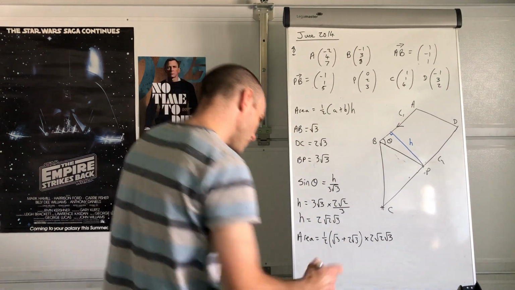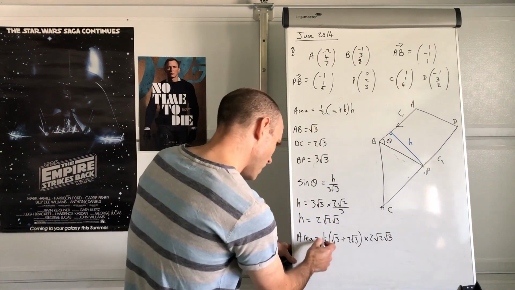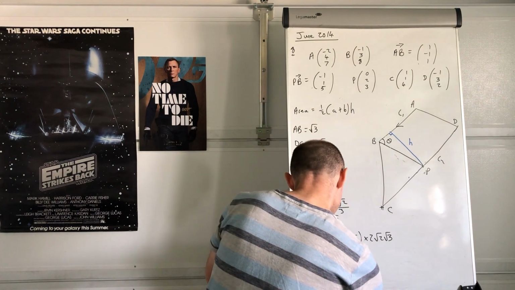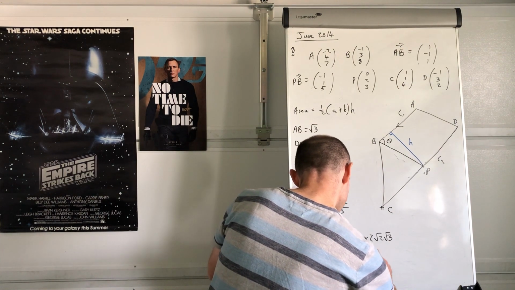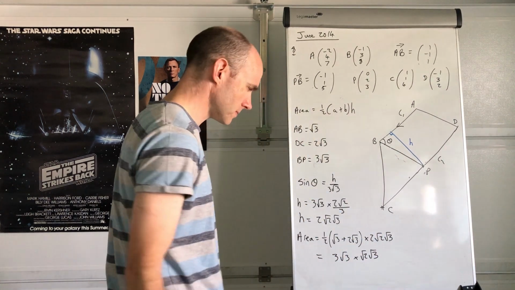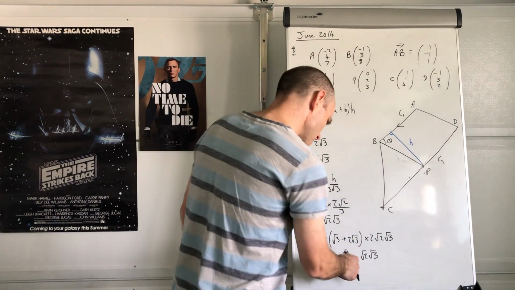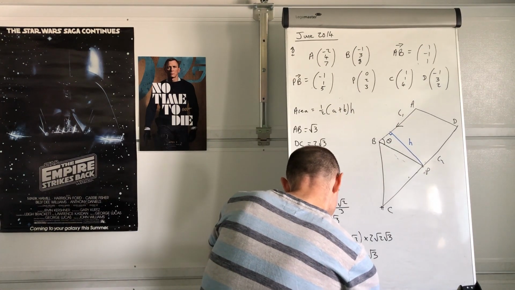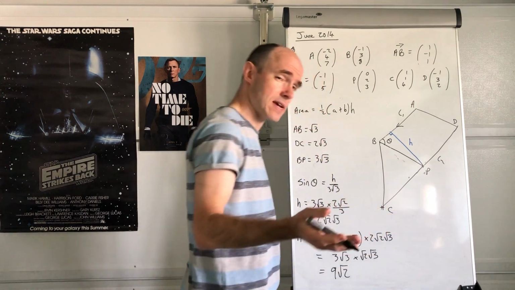Okay? Simplify this a little bit. So the half times 2. Root 3 plus 2 root 3, so that's 3 root 3 multiplied by root 2 root 3. Root 3 times root 3 is 3, times 3 is 9, 9 root 2. And that's our exact area.